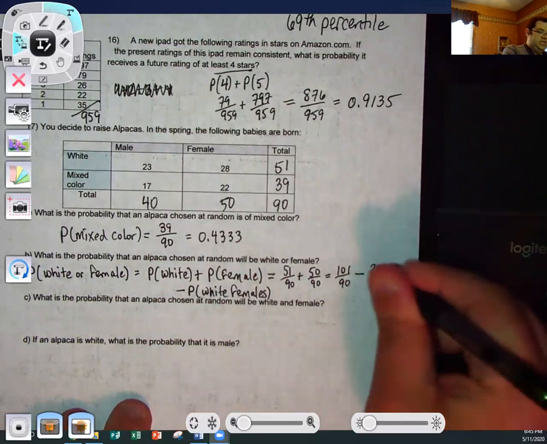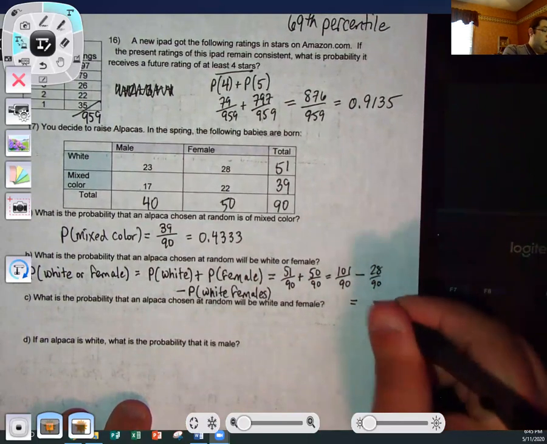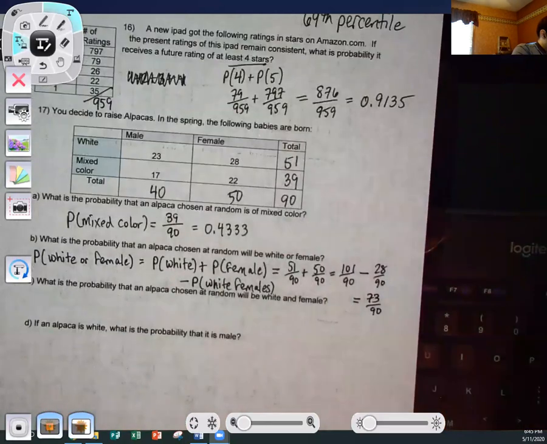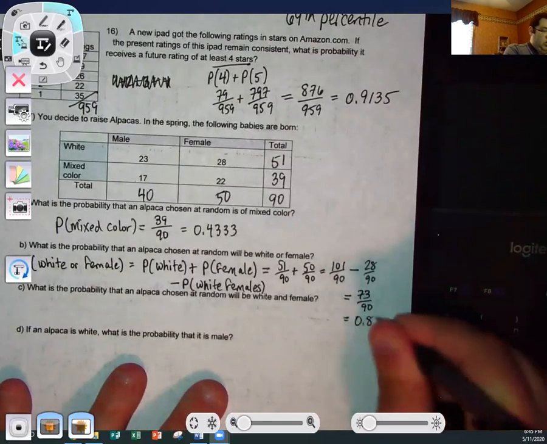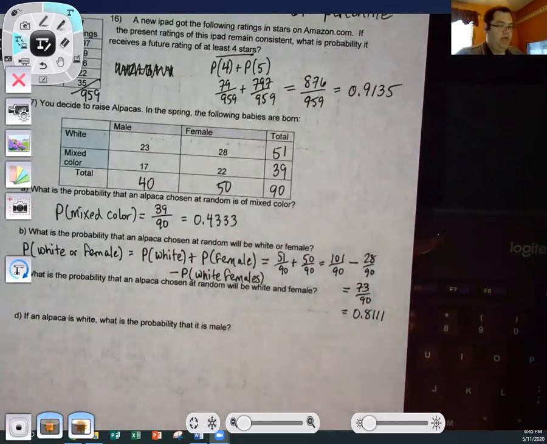So if I subtract out the 28 out of 90, that gets us a total of 73 out of 90, which is approximately 0.811. So 81% of alpacas will be white or female based on the information given.